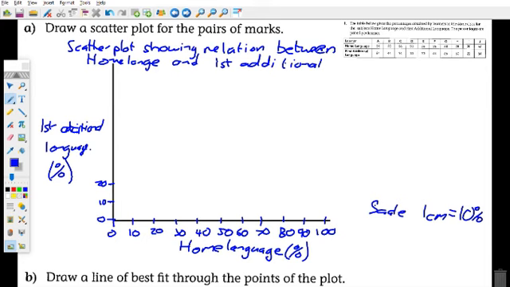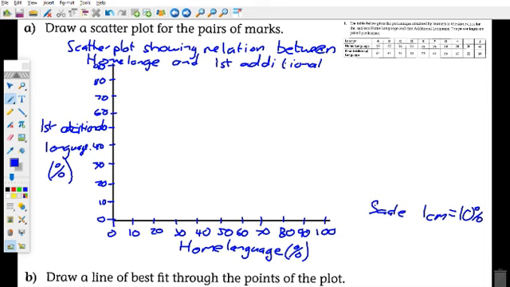Exactly, you found it yourself: 1 millimeter is 1%. So I'm going to mark 30, 40, 50, 60, 70, 80. I'm going to stop at 90 here, but you should go up to 100.